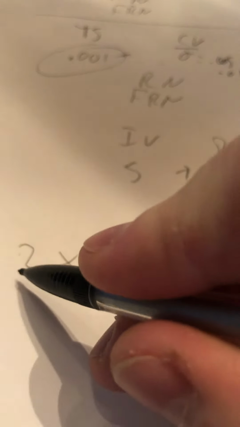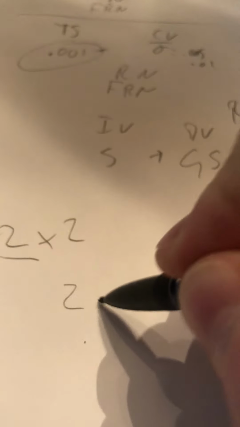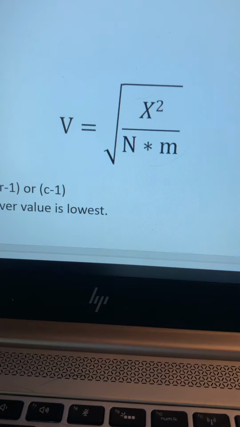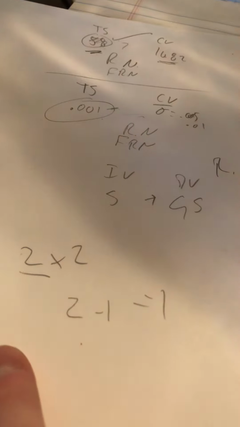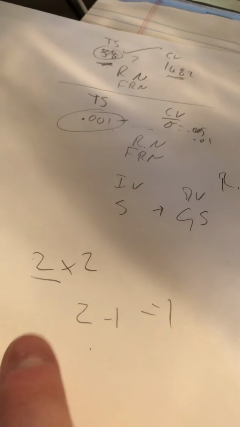So again, in our case, we have a 2 by 2 table. So which one's less? They're the same. So take 2, subtract 1, and you get 1. And that's your m value. So that should be pretty straightforward. That's not always 1. It's your smaller of the 2 minus 1.